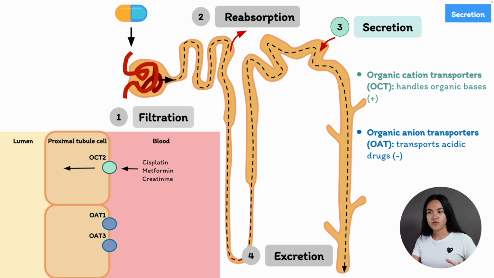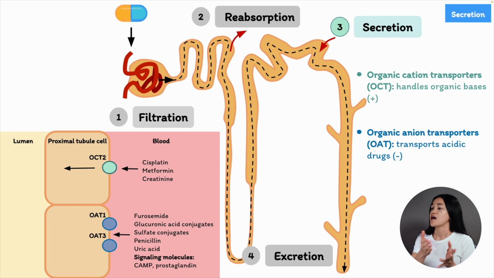So these transporters bind to, you guessed it, anions, meaning they interact with drugs that carry a negative charge, which are generally acidic drugs as well as endogenous acids such as uric acid. These carriers can transport drug molecules against an electrochemical gradient, so they can reduce the plasma concentration nearly to zero.